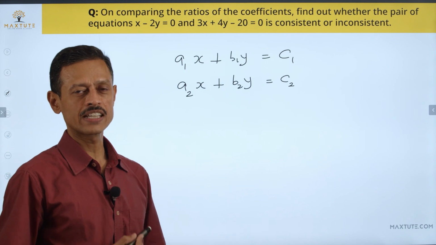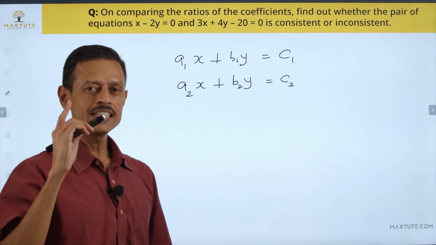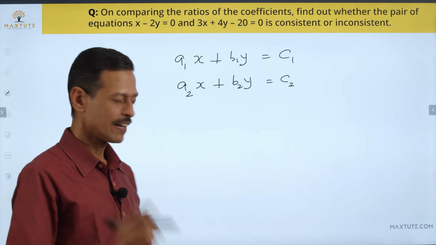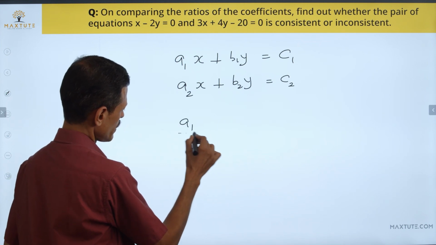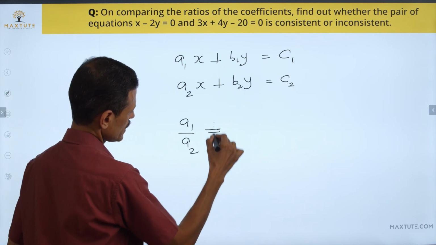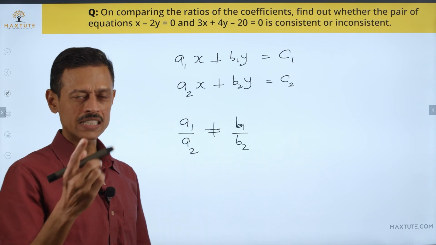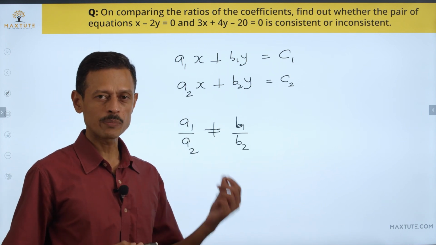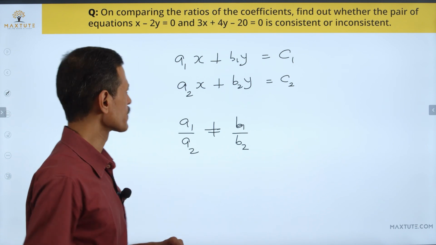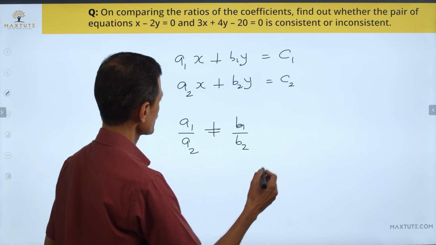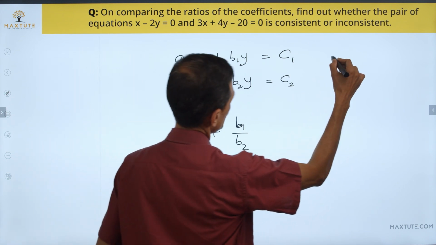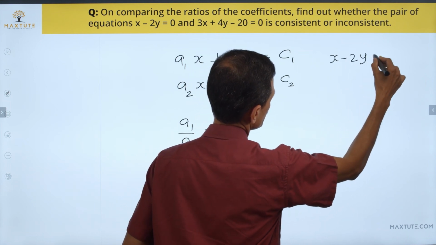Two linear equations, if they are in this generalized form, the equations will be consistent when A1 by A2 is not equal to B1 by B2, right? Let's check out whether that works in this particular case. Is A1 by A2 not equal to B1 by B2? First equation is x minus 2y is equal to 0.